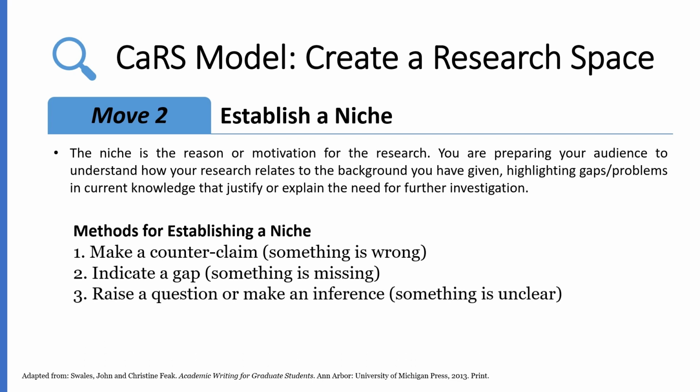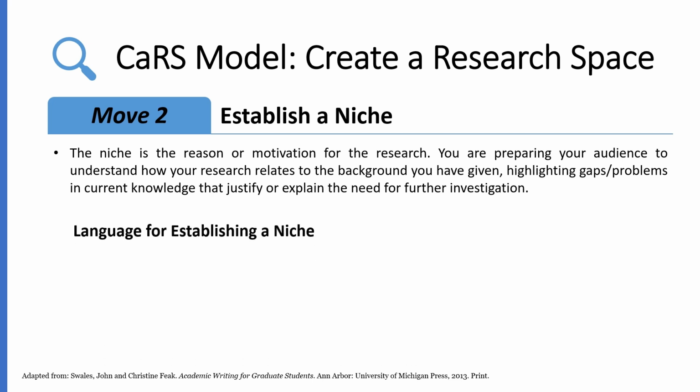Third is raise a question or make an inference. So you can do that by stating that something is unclear about the current state of the knowledge about that particular topic. Or you may also continue a tradition by adding something about what has been studied or what has been known about the topic. So these are just some methods by which we can establish a niche based on our research topic or research interest.